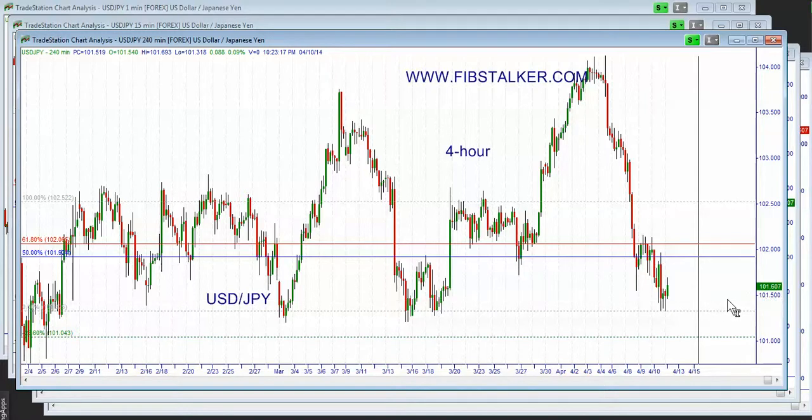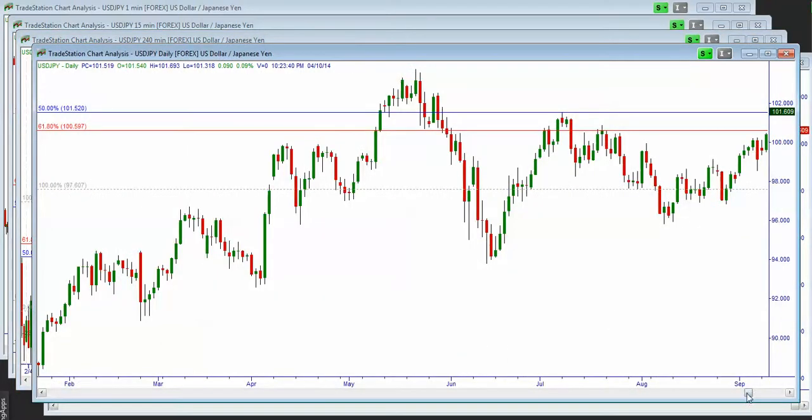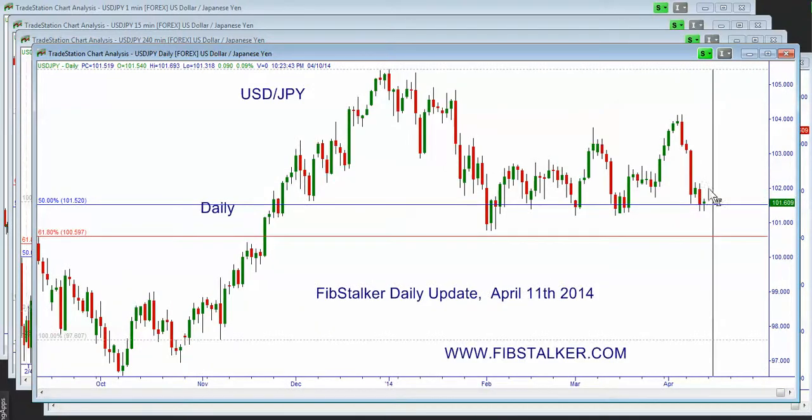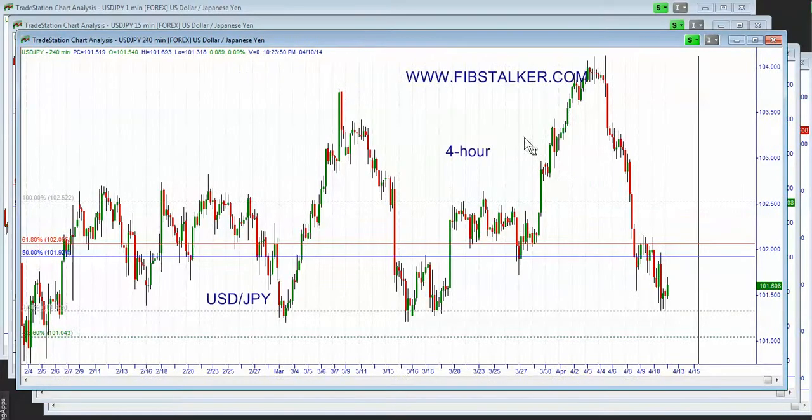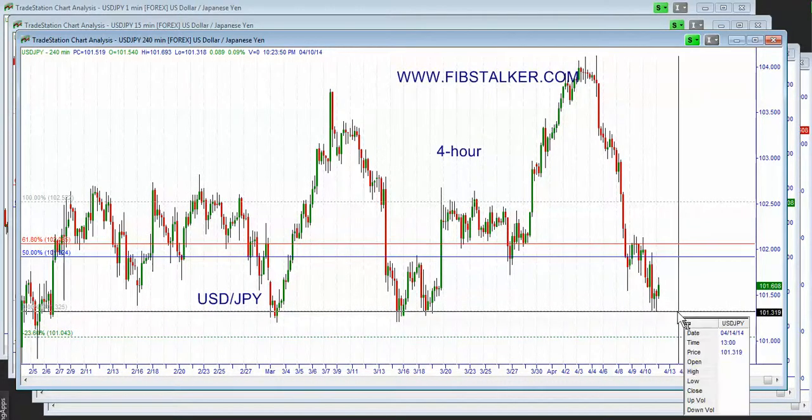It is very important here, however, that if this 102.06, 07 is breached on the upside, we have to remember that on the larger time frame we are within an area of support. So this could actually be a signal for a potential long trade. You always have to mind the risk here. The risk for this trade would be entry at 102.07 and a stop at 101.31.